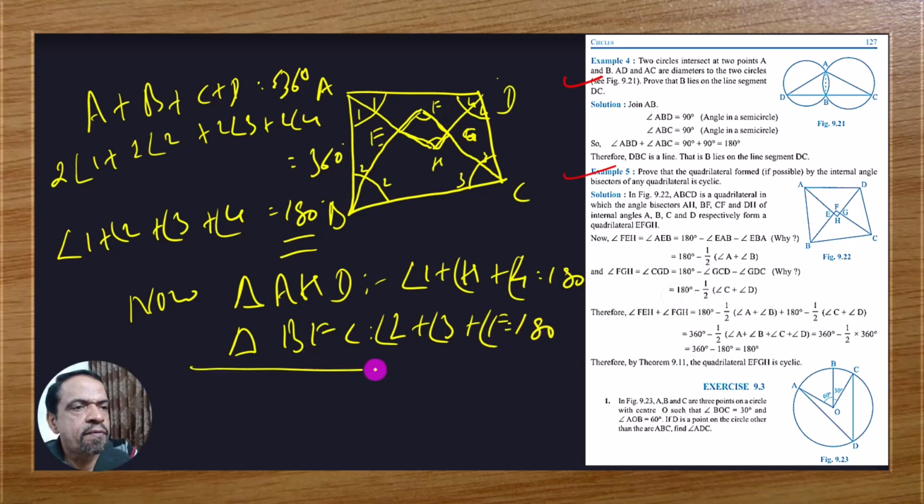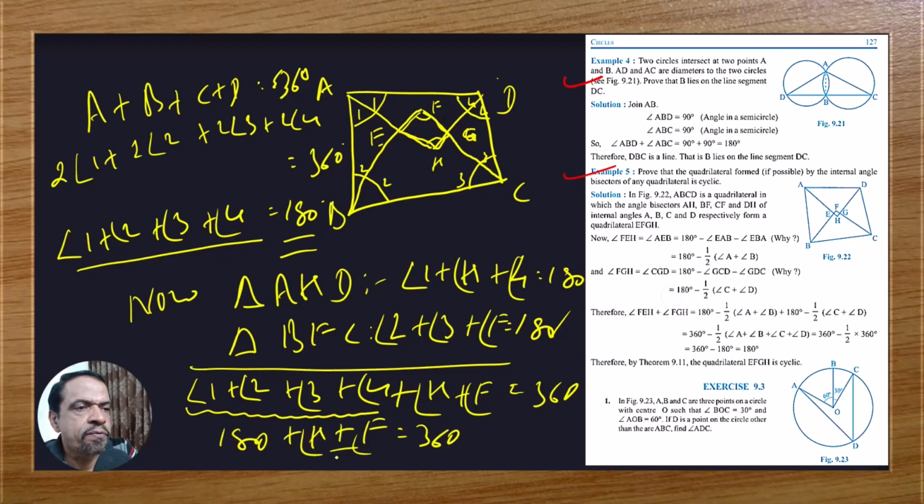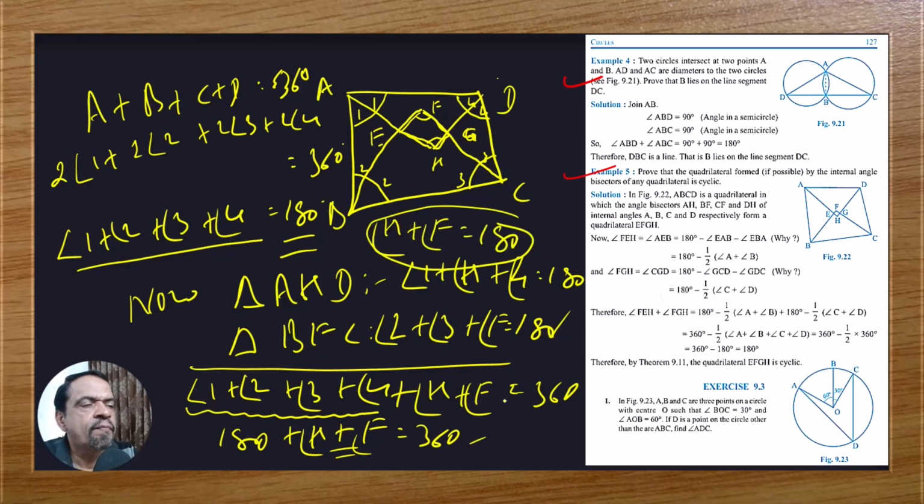Adding these two, 1 plus 2 plus 3 plus 4, and H and F is 360. But 1, 2, 3, 4 we already proved is 180. So instead of 1, 2, 3, 4 we write 180. So H plus F will be 180. So it is a cyclic quadrilateral EFGH.